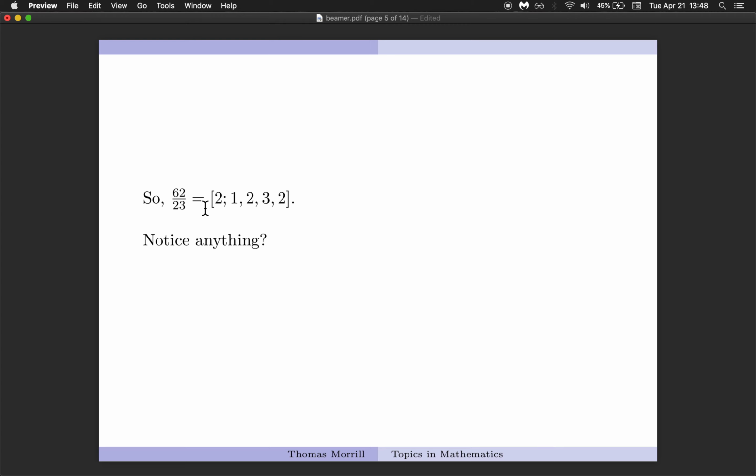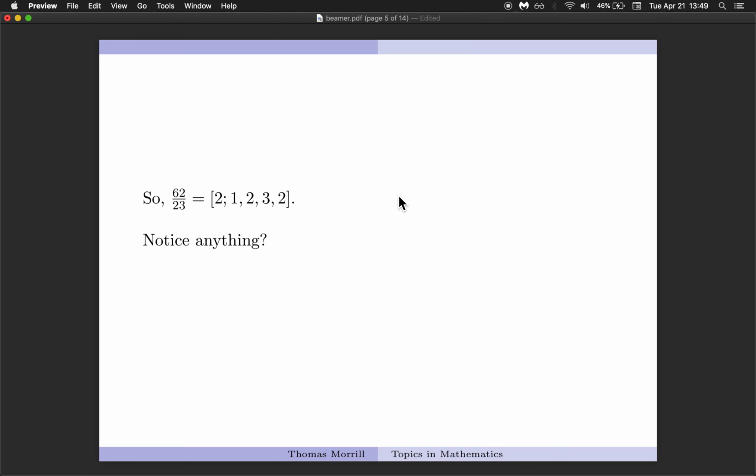That tells me in the shorthand version, my continued fraction expansion is 2, and then a semicolon, 1, comma, 1, comma, 3, comma, 2. So that is the whole thing. That's the continued fraction expansion of 62 on 23.